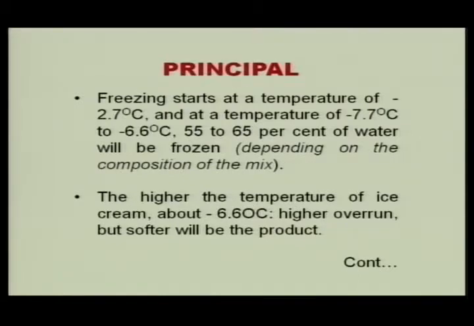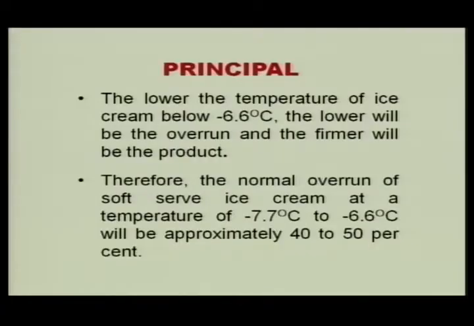Now, if the freezing temperature is higher, that is say around -6.6 degrees centigrade, the overrun will be higher, but the product will be softer. Simultaneously, if we are going for a lower temperature, that is below -6.6 degrees centigrade, the overrun will be less, but the product will be firmer.